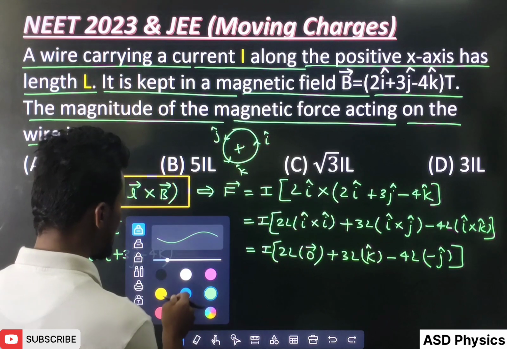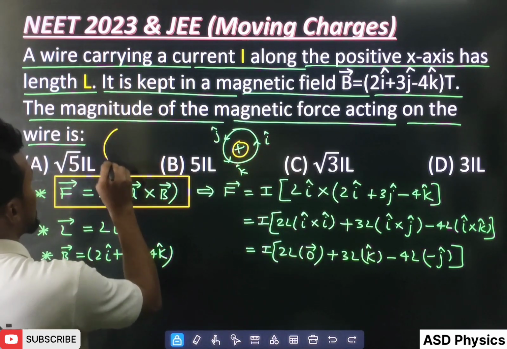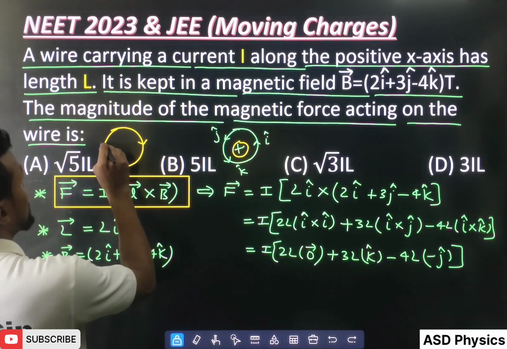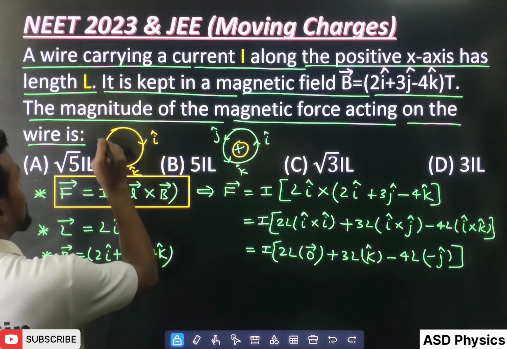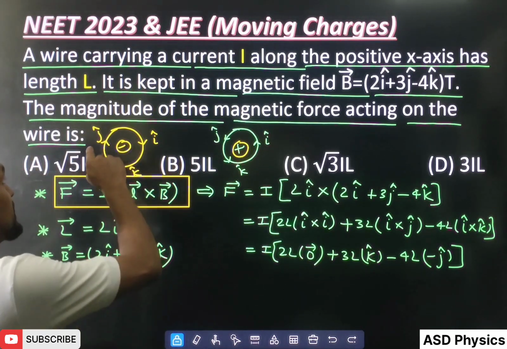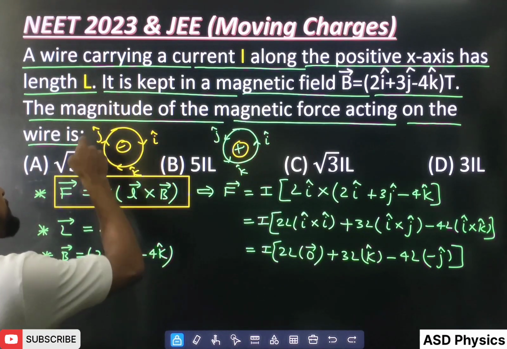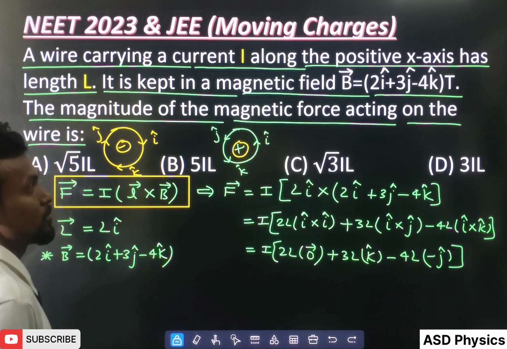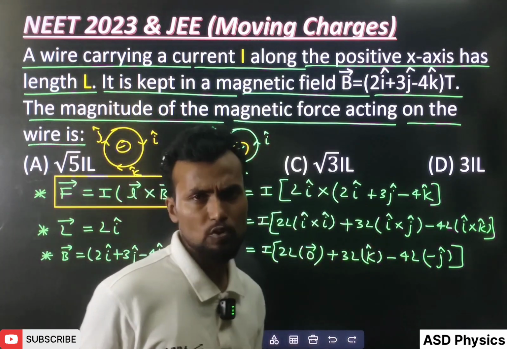But if we are going in the reverse direction, with the arrows reversed, then we have to take a minus sign. That means j cap cross i cap is minus k cap, k cap cross j cap is minus i cap, and i cap cross k cap is minus j cap. So remember: anti-clockwise positive, clockwise negative. From there only I have written.